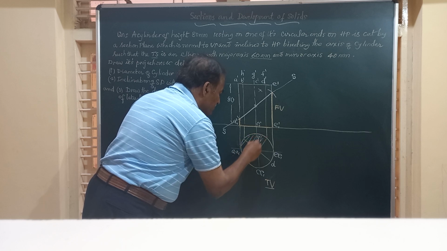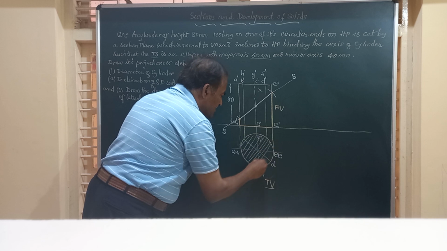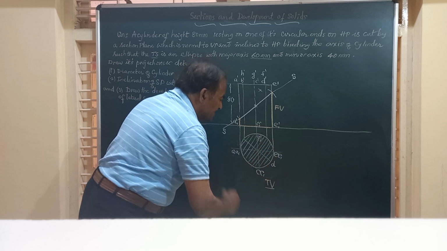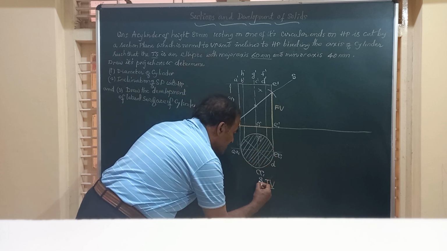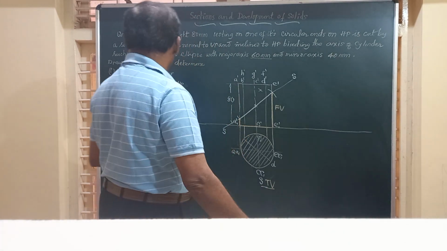So I am going to section this solid. And friends, this is the top you have got, and since there is hatching, I will call this as STV. STV means sectional top view.